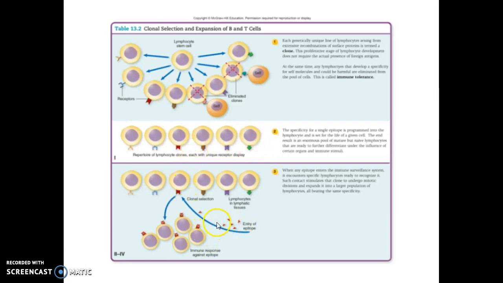In this case, this epitope comes to and binds to this proper receptor. That's the clonal selection, where this one clone, this one cell, is selected because it has the proper receptor, and then it replicates. That's the clonal expansion. It's clonal because it's a clone. It's the same.